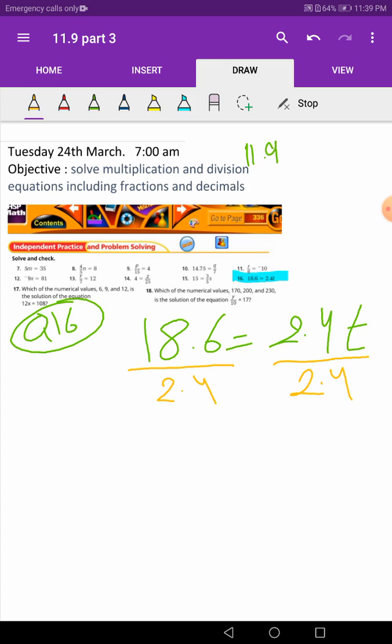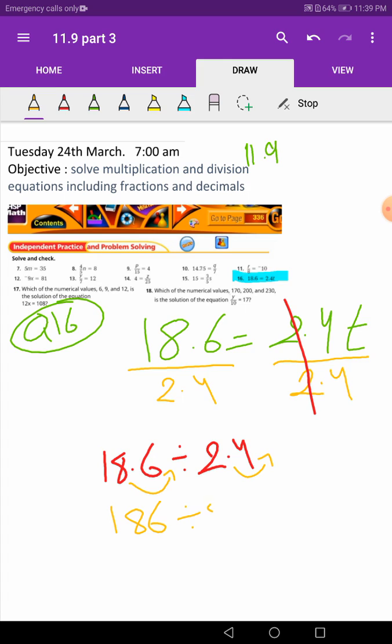Please remember, when you divide, you need to write it in a fraction form. So we cancel it like this. We have now 18.6 divided by 2.4. And as we remember, in the divisor, I can't have a decimal number. So you need to move the decimal point one place here and one place here. I mean by place, a digit. So we have 186 divided by 24.